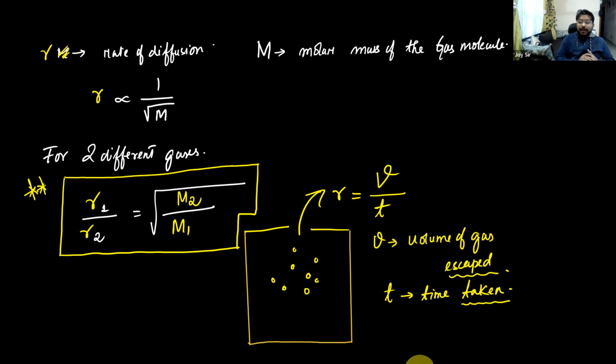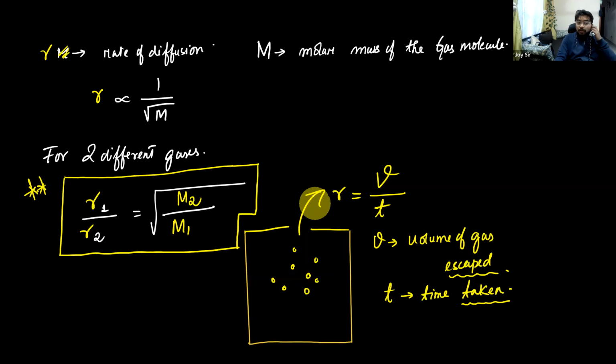So we have determined two different ways to find the rate. One is the comparison R1 by R2 equals root over M2 by M1, where R1 is the rate of diffusion of the first gas, R2 of the second gas, M2 is the molar mass of the second gas, and M1 is the molar mass of the first gas.